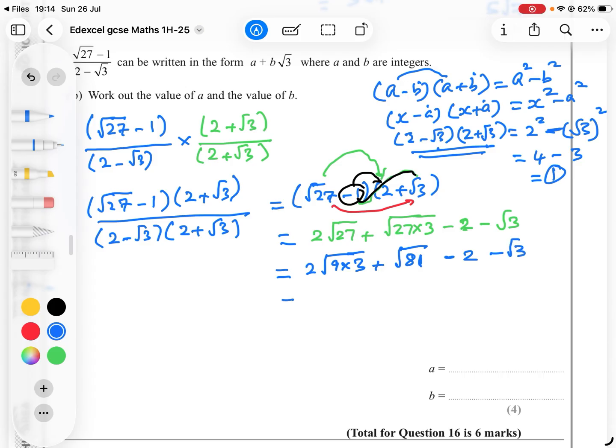Now you know very well, we can split square root 9 times square root 3, plus square root of 81, 9, take away 2, take away square root of 3.